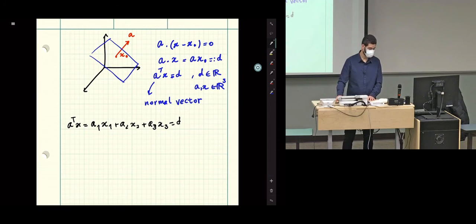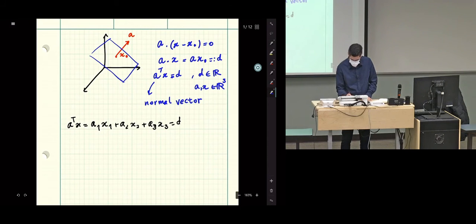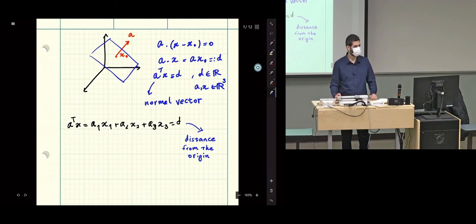And just like a line, we can derive x3 in terms of x1 and x2. That will give us an equation that we can plot in 3D. That's the regressor form. D is called, we will see why, the distance from the origin. So D is a scalar number that tells us how far we are from the origin.